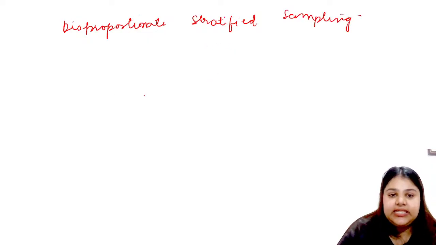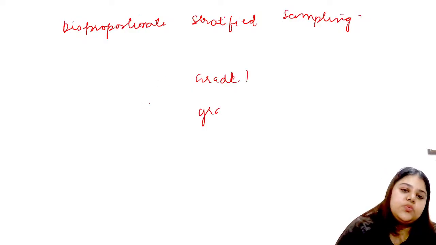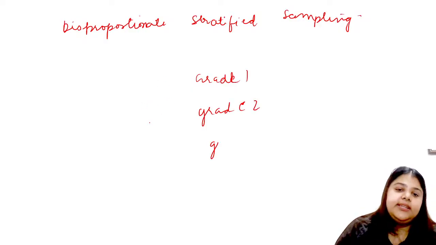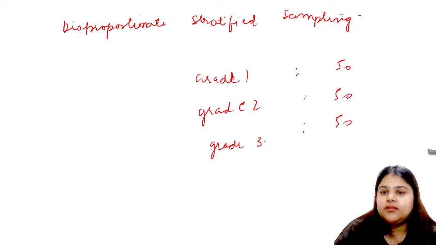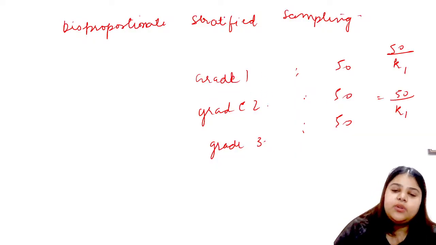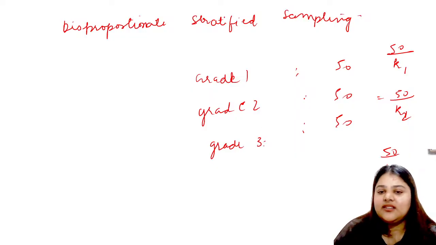For example, there is grade 1, grade 2, grade 3, and I randomly decide that I will take 50 students from each of these standards. So there would be 50 divided by the total number of people in the first stratum, 50 divided by the total number in the second stratum, 50 divided by the total number in the third stratum.